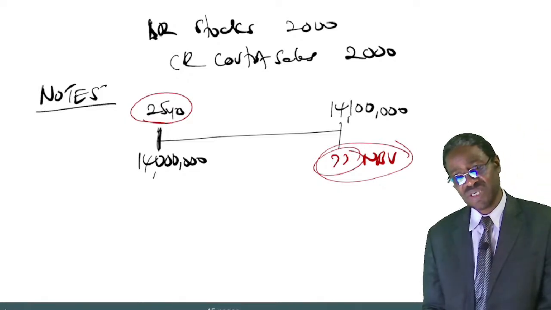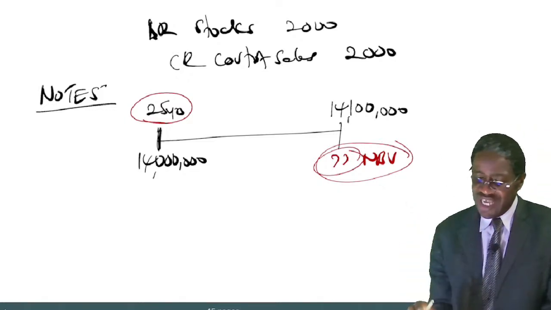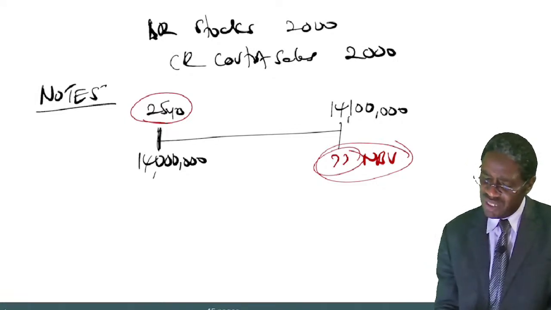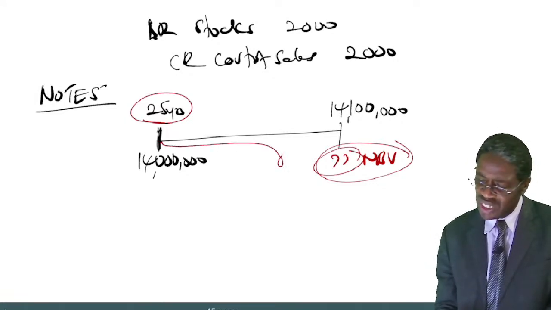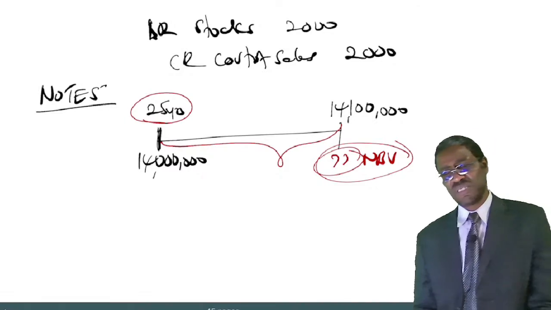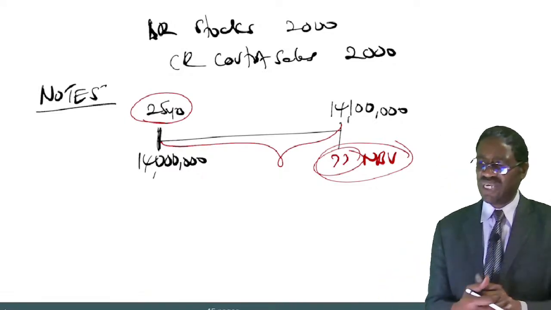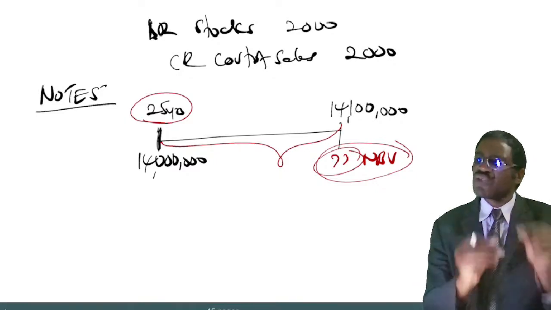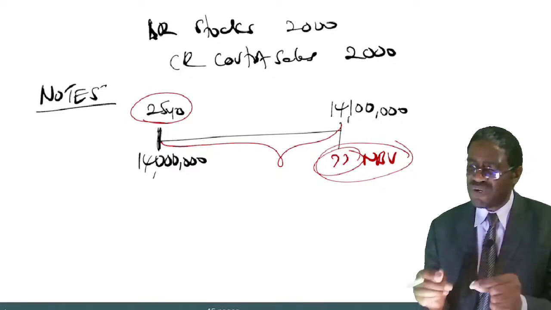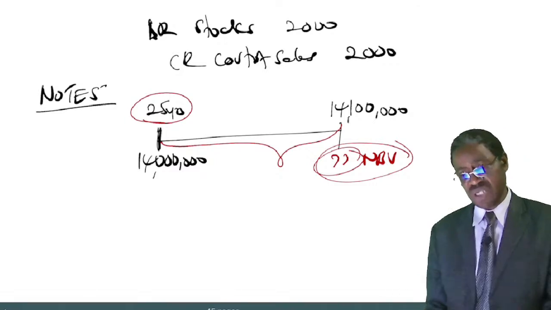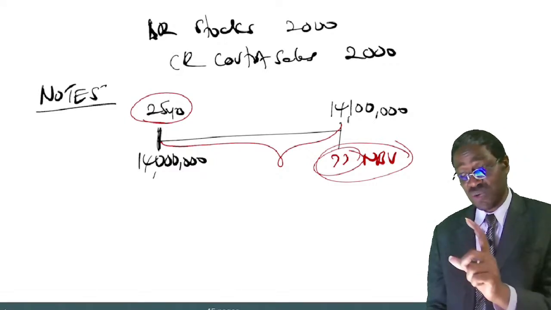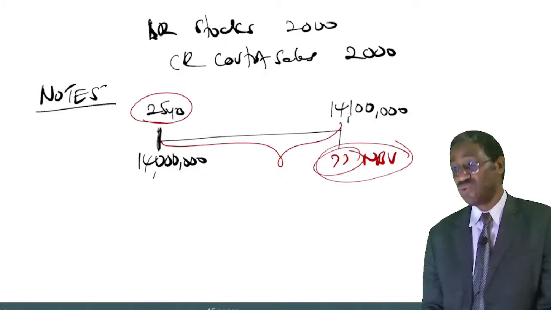So the examiner wanted you to determine the depreciation charge for the current year. In other words, this 14 million that was there by the beginning of the year has lost value through depreciation by how much? That's what they want you to test and know.